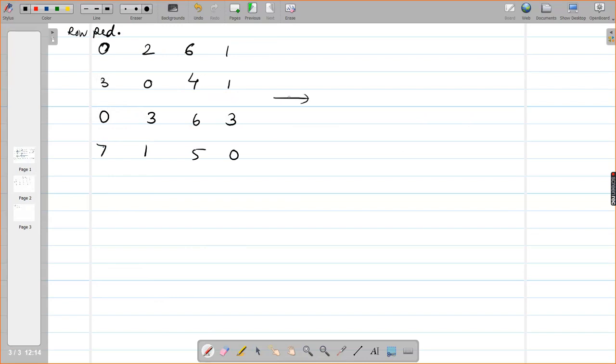Okay. Now we will do column reduction. First and second column will remain as it is, right? Yes or no? Yes, ma'am. First column, 0 is the smallest entry.